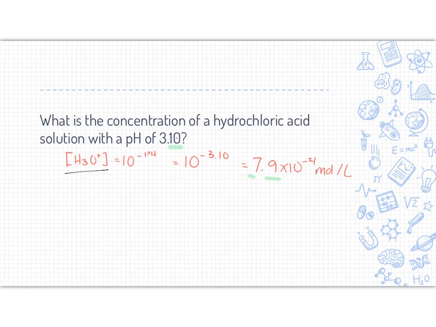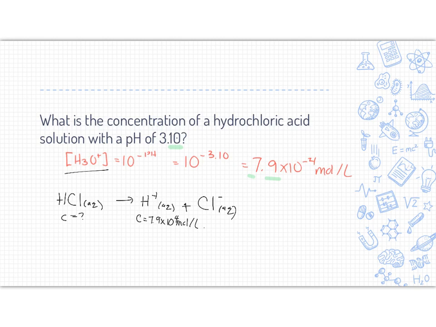Now this is the concentration of H3O plus, the hydronium ion. It is not the concentration of HCl. So we need to show that HCl dissociates into H plus and Cl minus. I have the concentration of H3O, which is equal to the concentration of H plus. So we need to find the concentration of HCl.